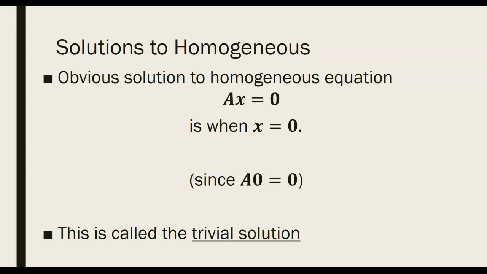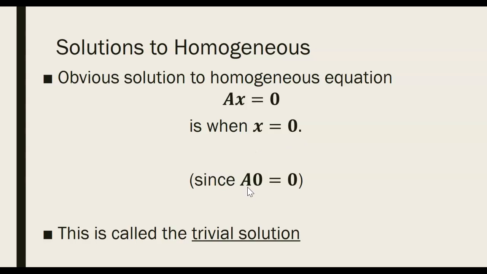Okay. Now, clearly, there is one obvious solution to the homogeneous equation. If you want to multiply a matrix times a bunch of coefficients, think of the vector equation. What coefficients could you use on each of these column vectors to give you 0? Well, the obvious answer is, what if we made all the coefficients 0? In other words, what if we made x be the 0 vector itself?